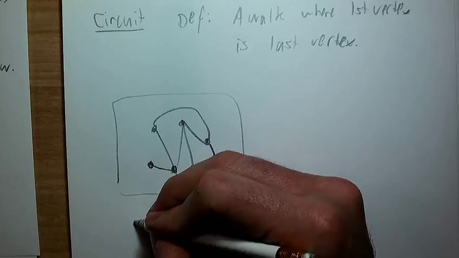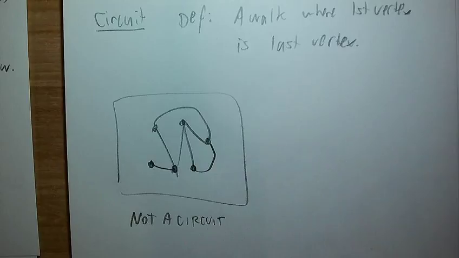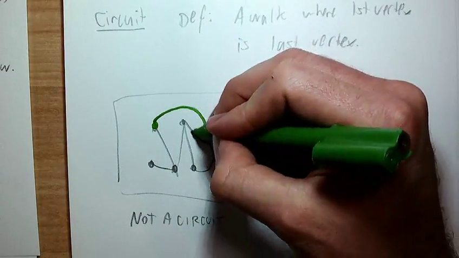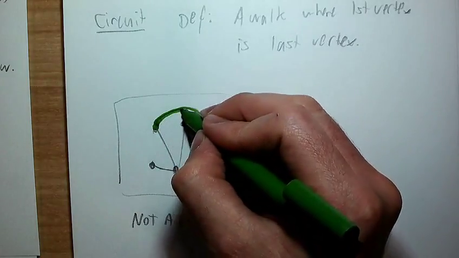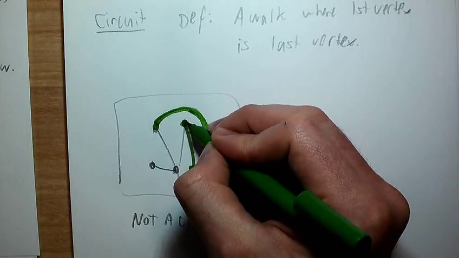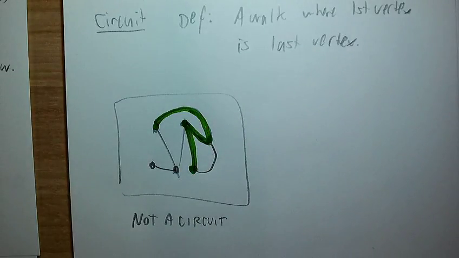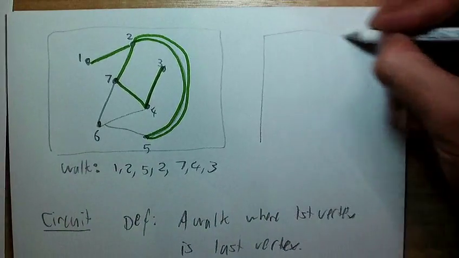So here's something that's not a circuit. Again, the green is not easy to see, is it? It can just look like it's in bold. Okay. Not a circuit, because it doesn't end where it starts. In fact, I should just say up here something that's not a walk.